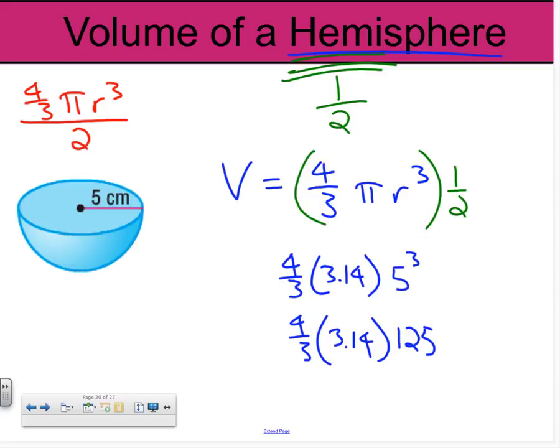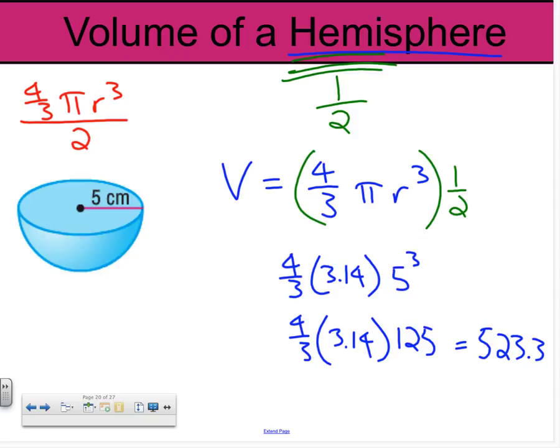So let's figure that out real quick. Let me get out my calculator. 4 divided by 3 times 3.14 times 125, and that equals 523.3. Now remember, I only want half of that amount.